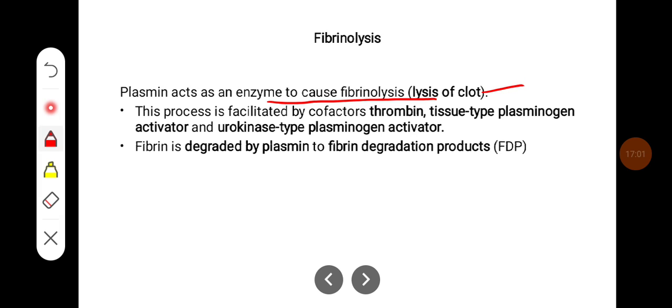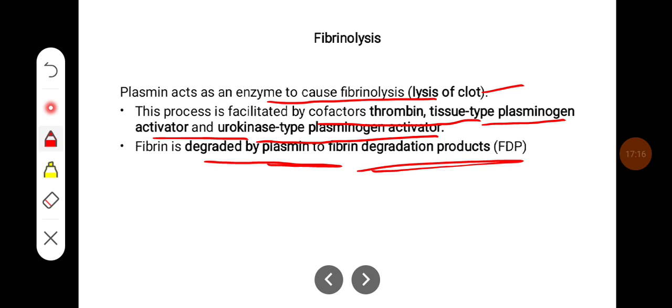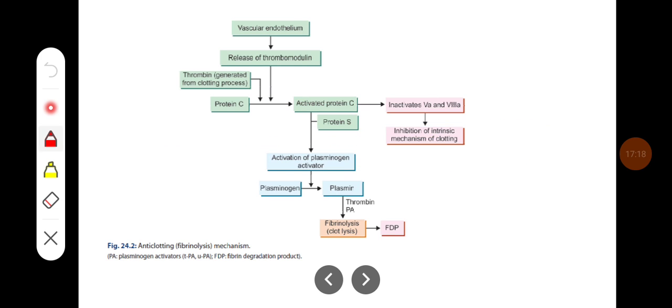This process is facilitated by two factors, tissue type plasminogen activator and urokinase type plasminogen activator. The fibrin is degraded by plasmin to fibrin degradation products, called FDP. Okay, so this is the entire process of fibrinolysis.